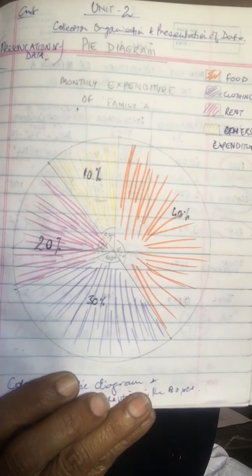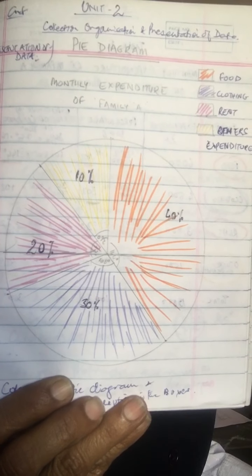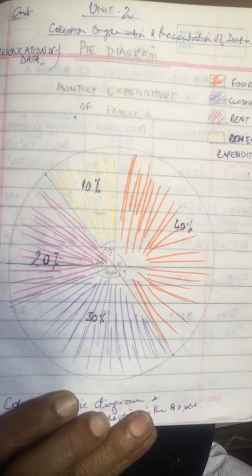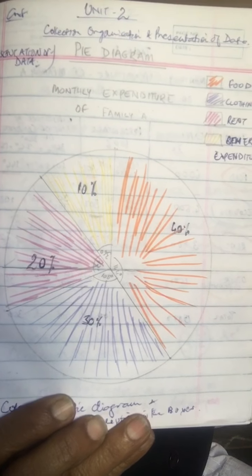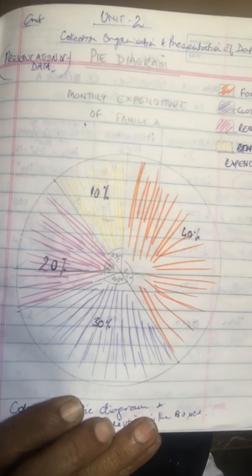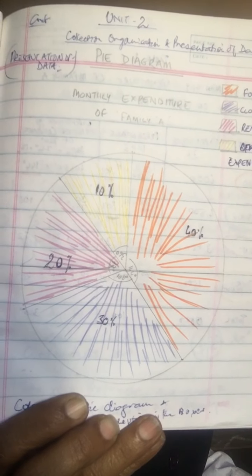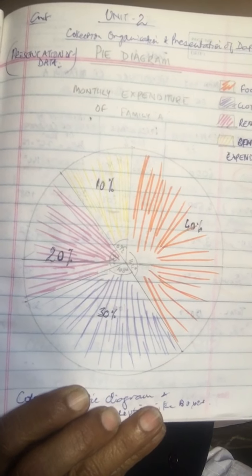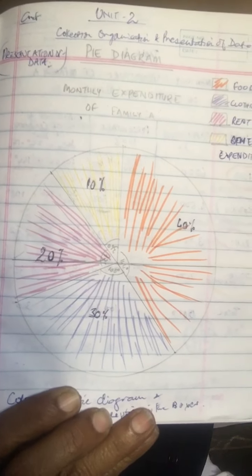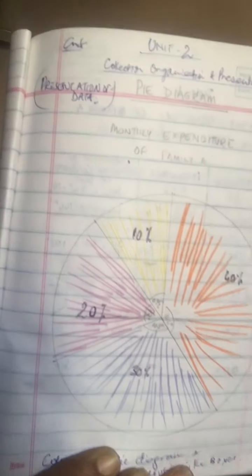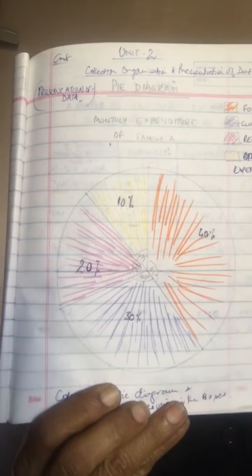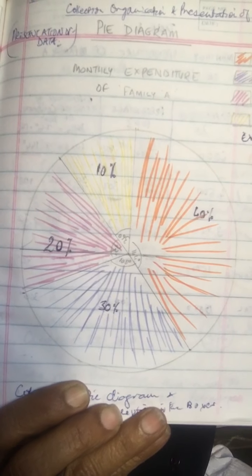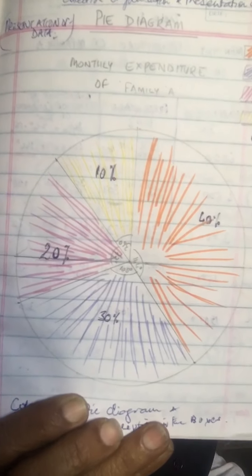Alright, so once again, let's just note that the data represented by a component bar diagram can also be represented equally well by a pie chart. The only requirement is that the absolute values of the components have to be converted into, say, percentage and then into degrees, so that we can show them in the form of a pie diagram.